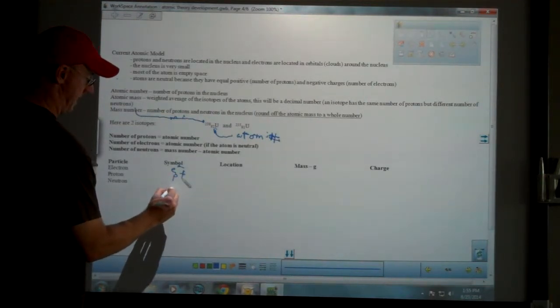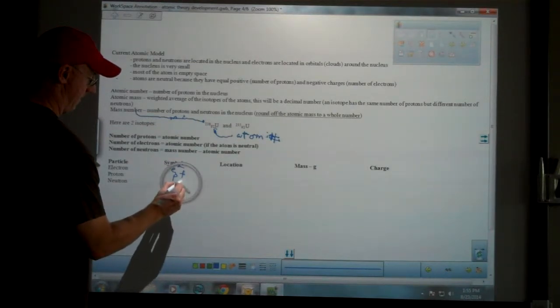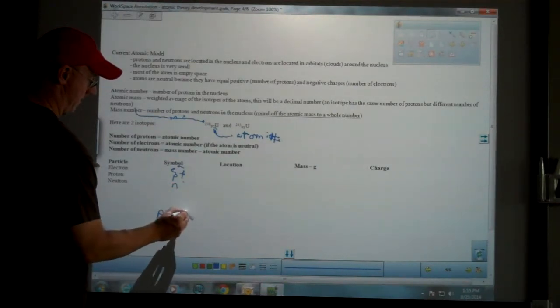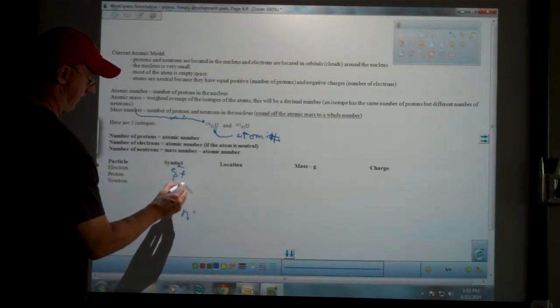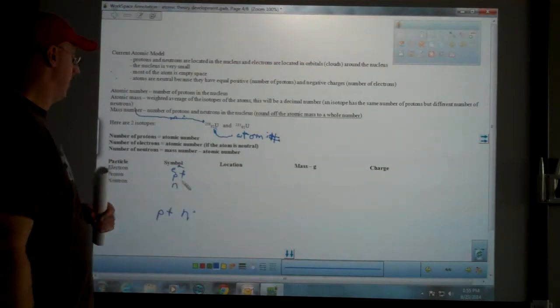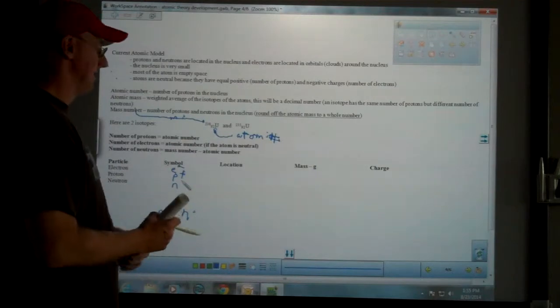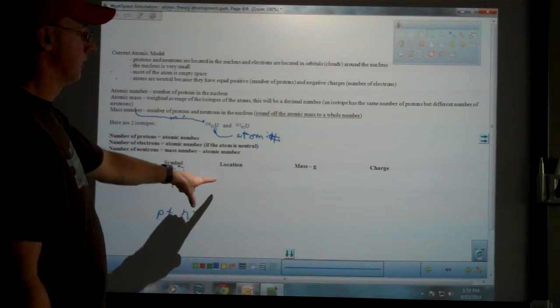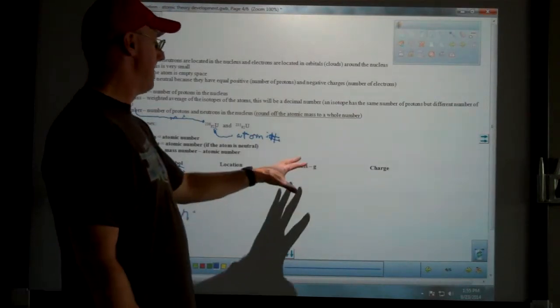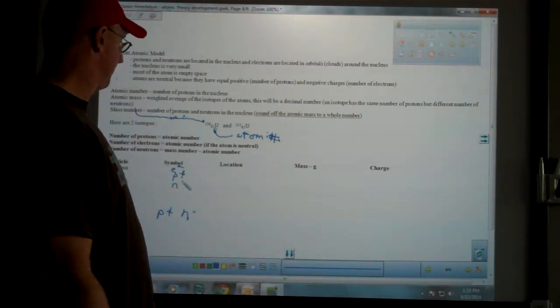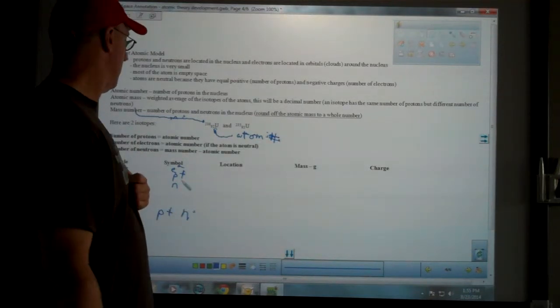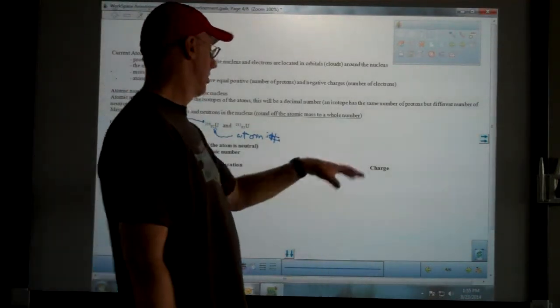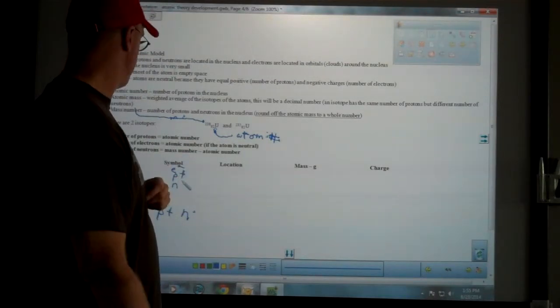And then neutrons are n, 0. Location: electrons, I'm not going to fill this in because the board is having some issues here. Electrons are in those orbitals, those clouds outside the nucleus. Protons in the nucleus, neutrons in the nucleus. Mass, we won't get into mass, don't worry about it. In charge, electrons are -1, protons +1, and neutrons are neutral.